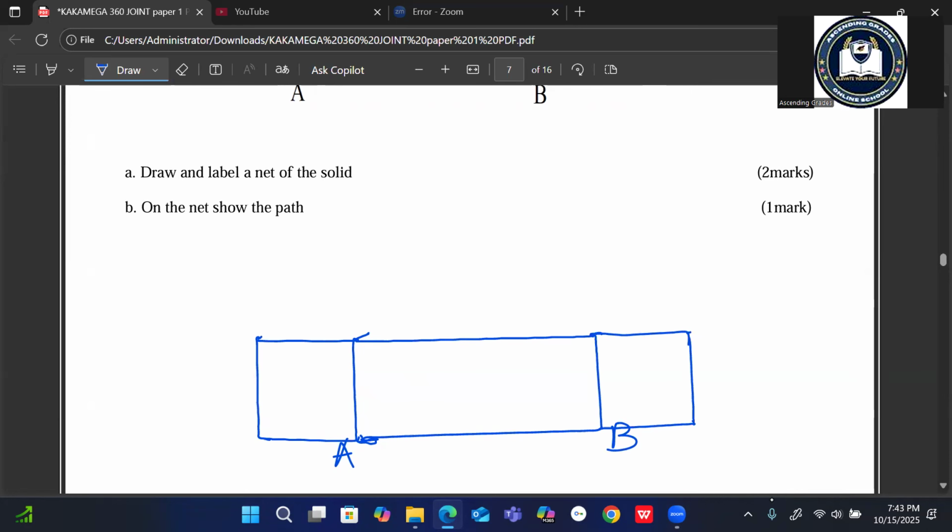So this is our D, this is our C. Then let's put C there. Then we extend it further on the top to get points E and H.